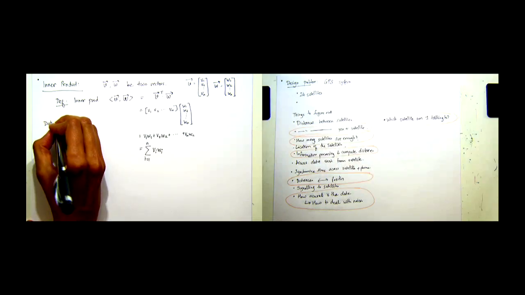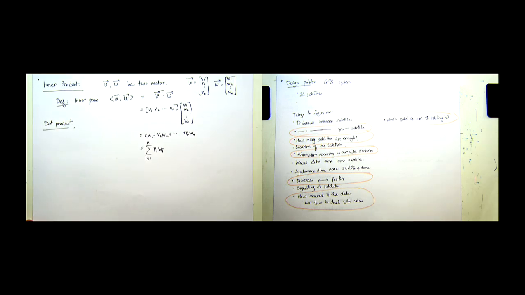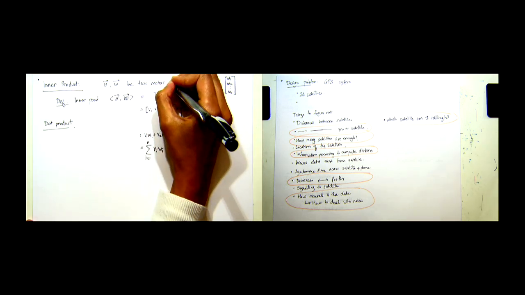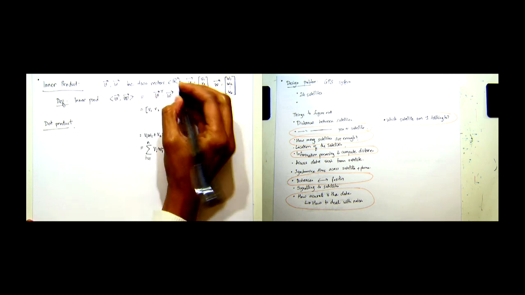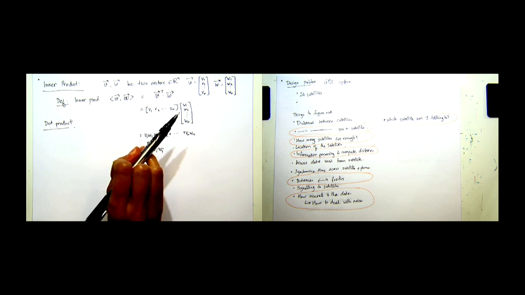This is called the inner product. Sometimes people might also call it a dot product. Here we're thinking about V and W as always real valued vectors, so their entries are all real valued, belonging to Rn.